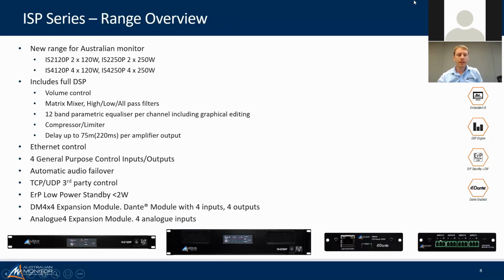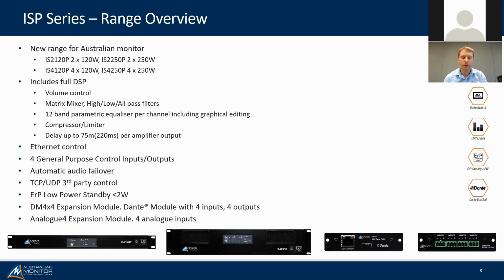And to go into the detail of the IS series. So I've already talked about the configurations that we have in terms of 2-channel, 4-channel. In terms of the DSP and what we mean by a full DSP, it has the ability to perform volume control on all of the inputs and all of the outputs. So that allows you to then configure the mixer within the product.